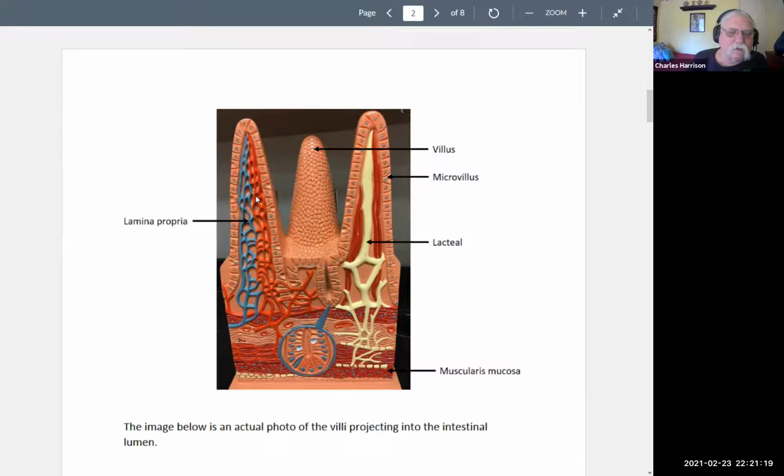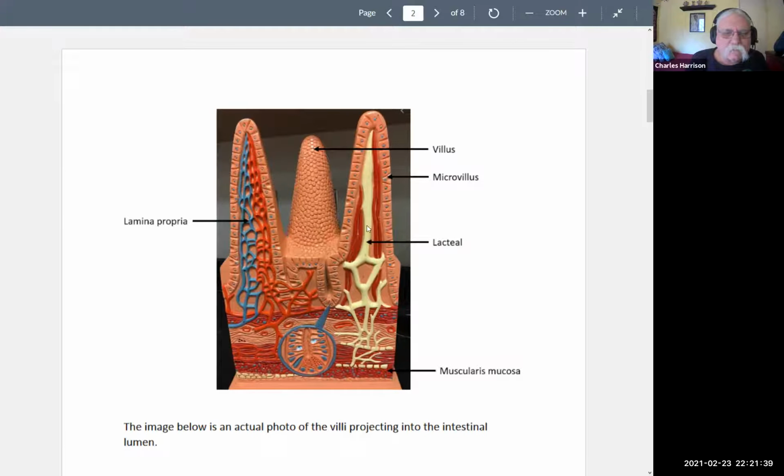This network of capillaries is called the lamina propria. Lamina propria. I'll have that defined for you in print, just above or below here.